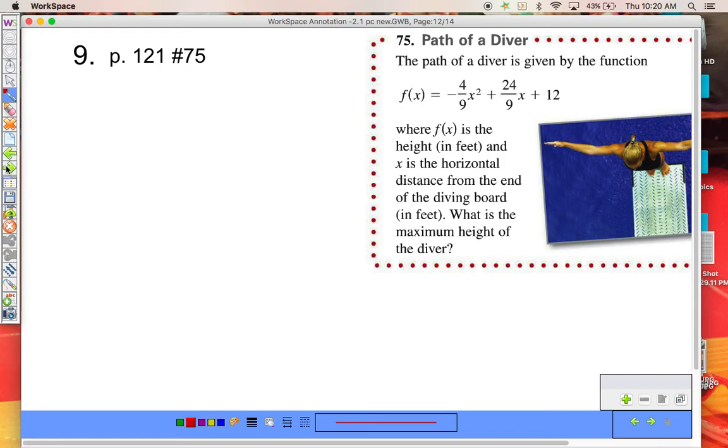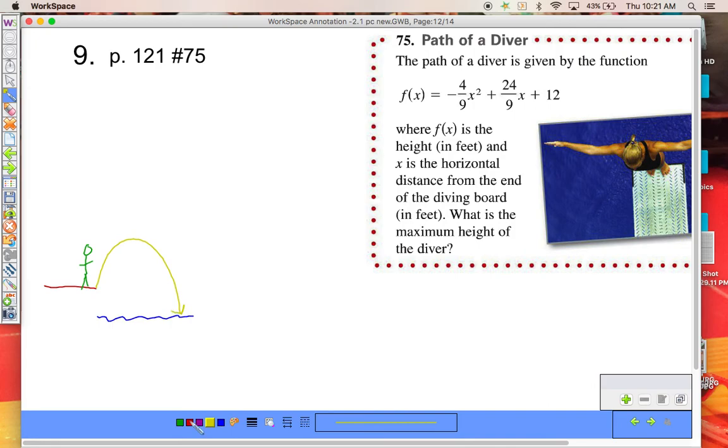All right, last one. It's straight out of the book, page 121, number 75. Path of the diver is given by the function, as shown, where f of x is the height in feet, and x is the horizontal distance from the end of the diving board in feet. What is the maximum height for the diver? All right, so what we have, we got a person on a diving board. When he jumps, this is the path he's going to follow.